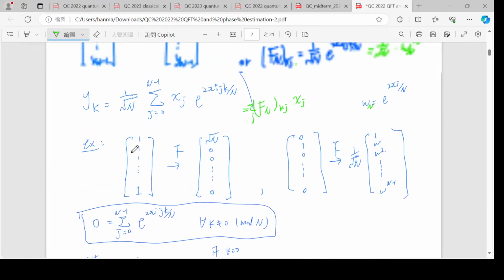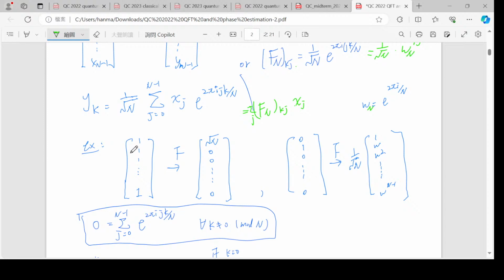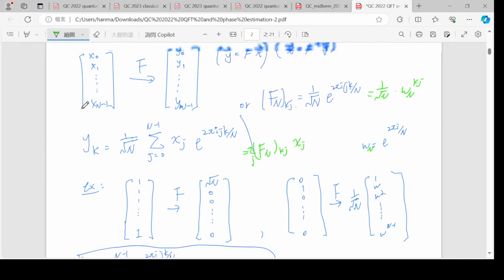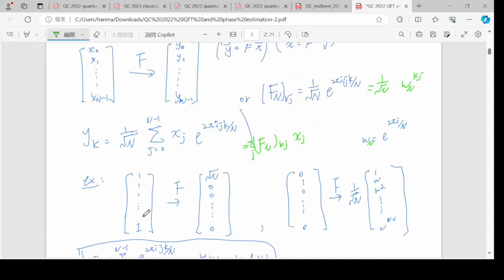Now let's see what this y_k is if our x_j is all equal to 1. If we don't have the x_j term, it's just 1 over square root n summing over e to the 2 pi i jk over n. Obviously it depends on k.